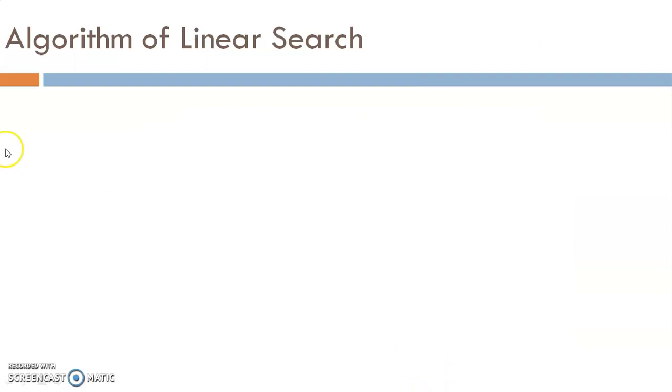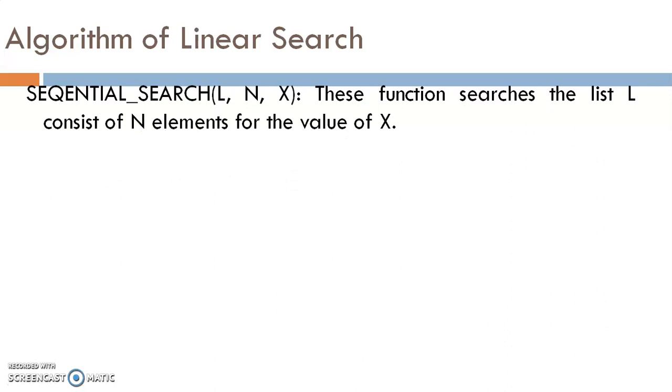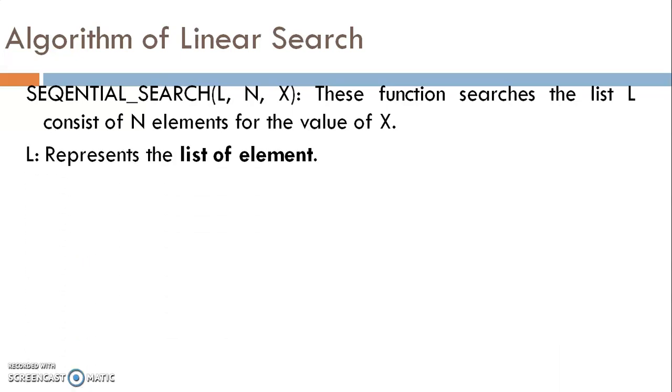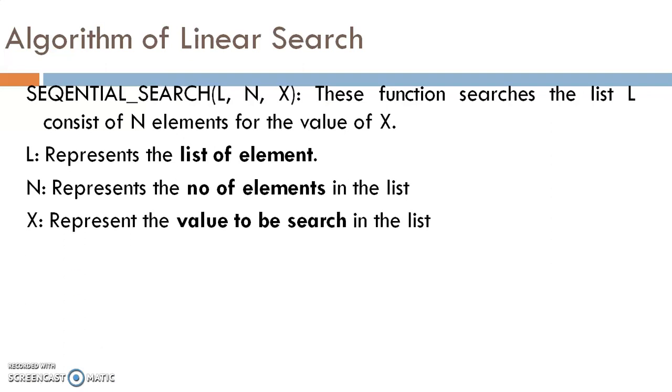Now next is the algorithm of linear search. Sequential search or linear search consists of 3 main parameters. First L, which represents the list of elements, then n, the number of elements, and x, which means the searching element. Now step number 1, initialization.